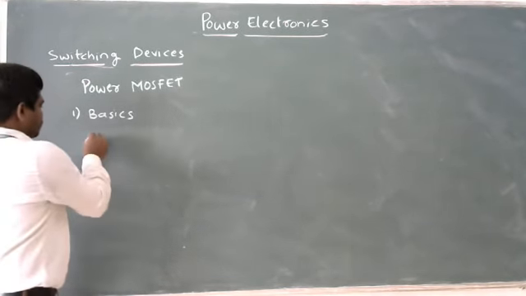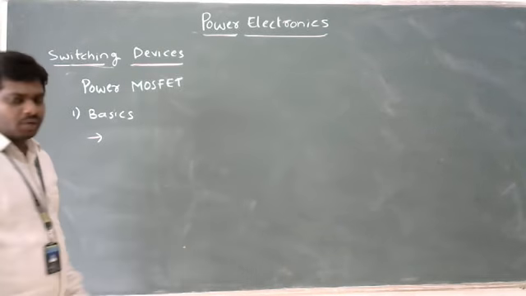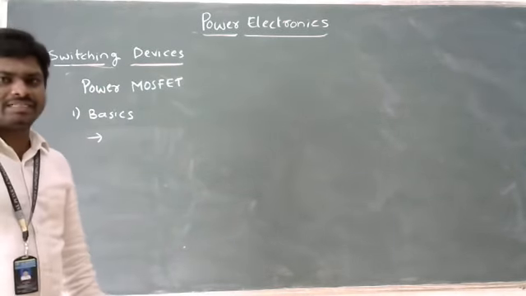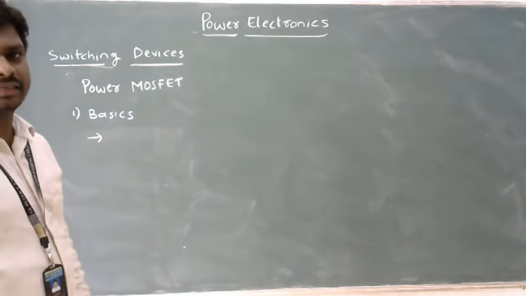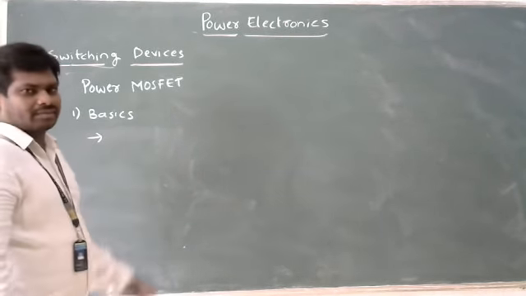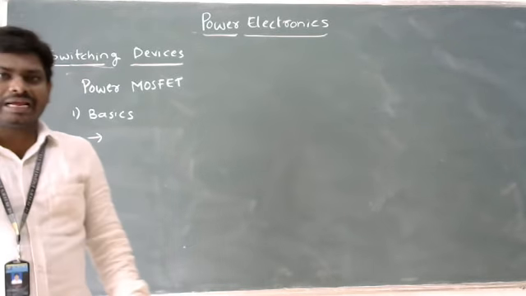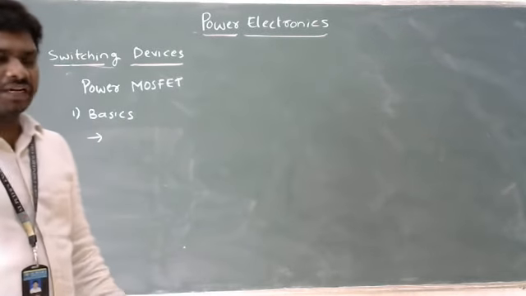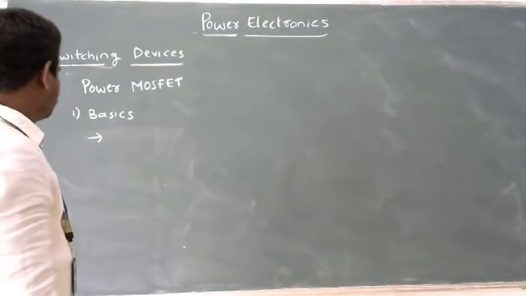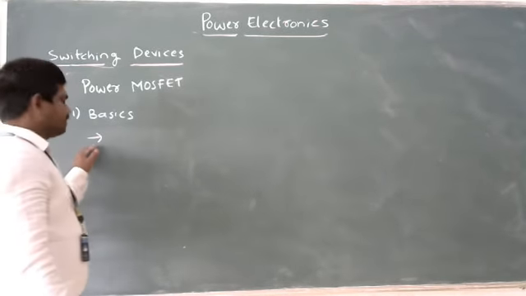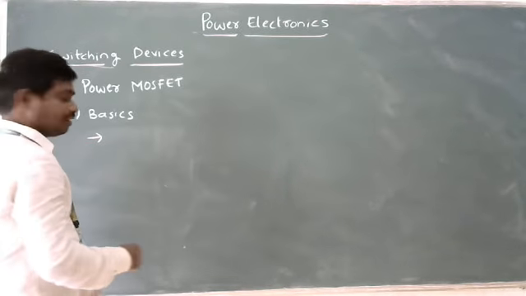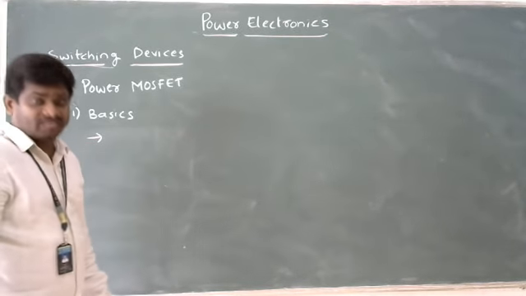In the basics, the first point is that MOSFET stands for metal oxide semiconductor field effect transistor. The second one is that it can handle high currents and high powers when compared with normal MOSFETs. Then, very important, high switching frequency.